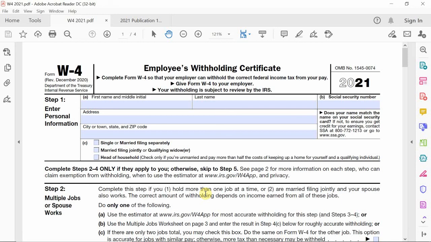It's supposed to help you fill out your W-4 form, in case your employer isn't going to fill out the W-4 form for you. Some of them do for you, some of them don't. So they do have a tax estimator on the form, so you can maximize all of the tax deductions you can.